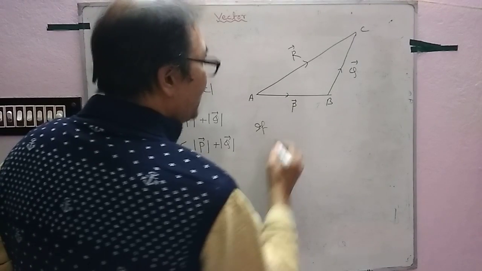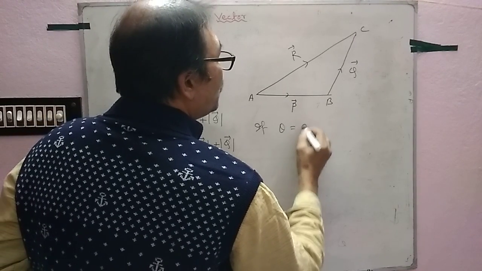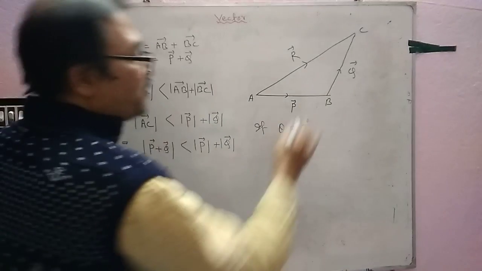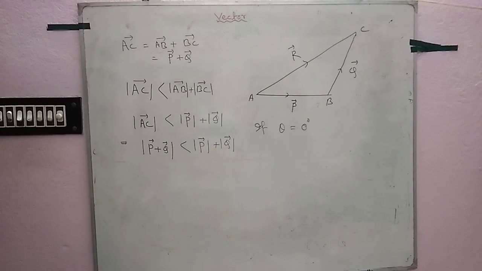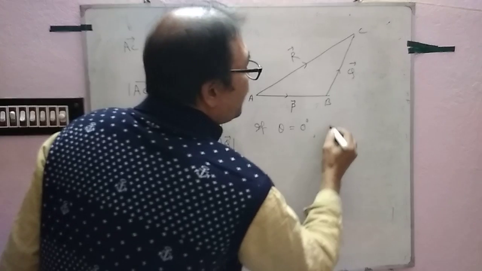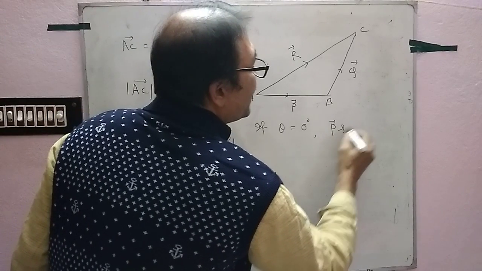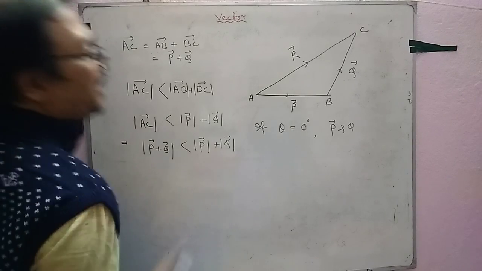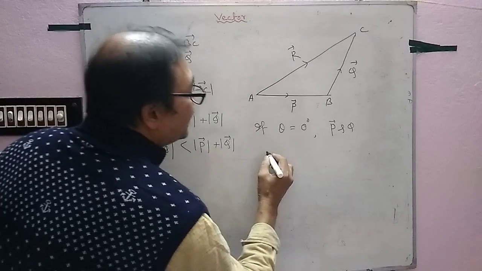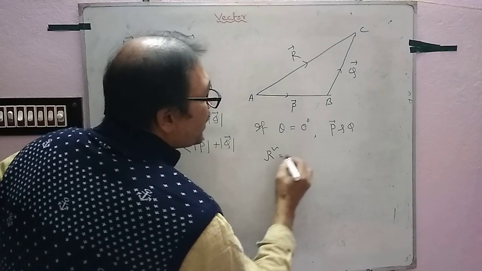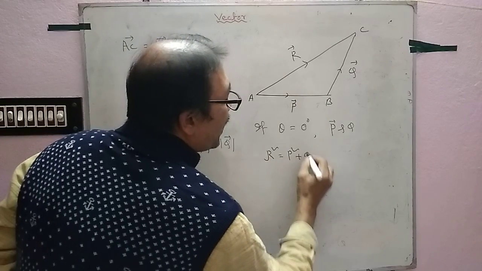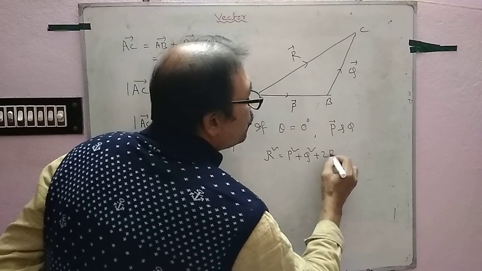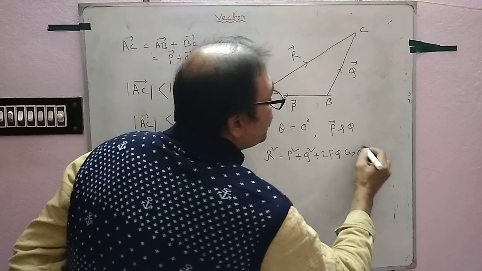If the angle between two vectors P and Q, theta, equals 0 degree, then R square equals P square plus Q square plus 2PQ cos of 0 degree.